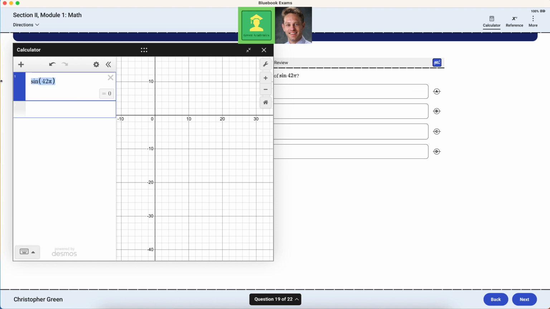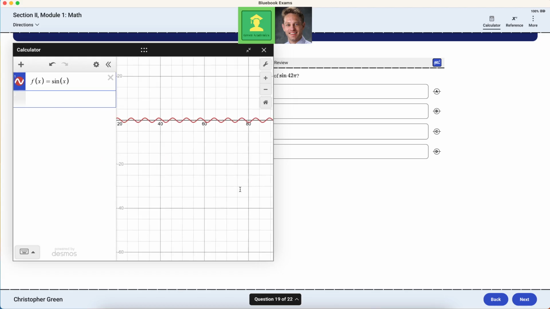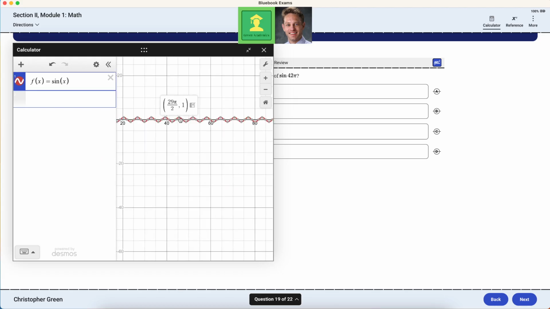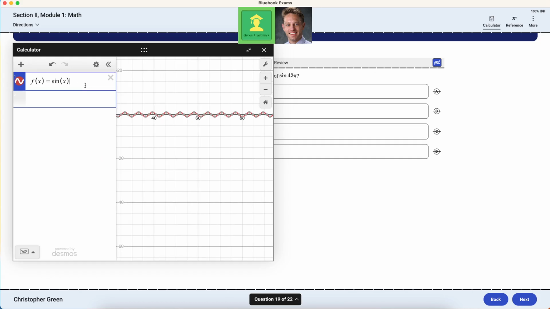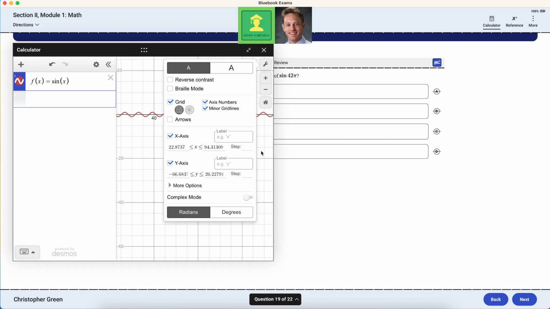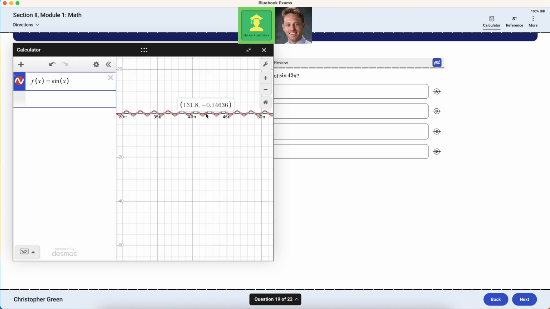Let me graph f of x equals sine of x, and then if you wanted to, you could go rightward all the way to 42 pi, which means I should adjust the tick marks. Yes, I can go all the way to 41 pi, and 42 pi gives you 0.